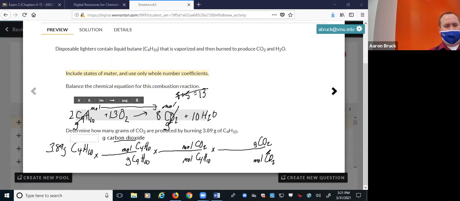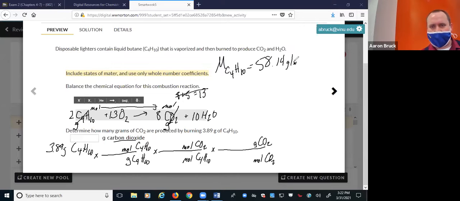Where do I pull these numbers from? I need to find molar masses, so I need the periodic table. The molar mass of butane: 4 carbons, 4 times 12.01, 10 hydrogens, 10 times 1.01, for a grand total of 58.14 grams per mole.